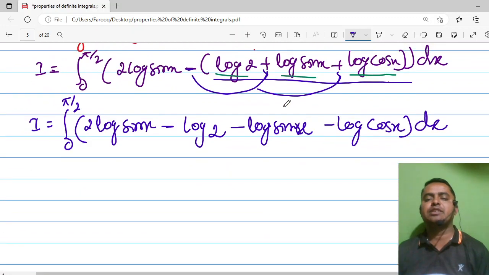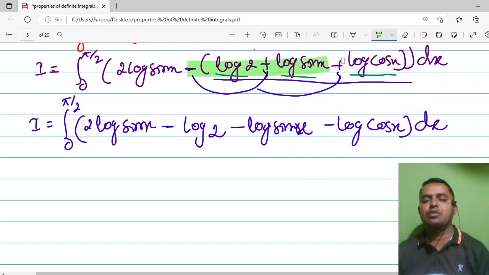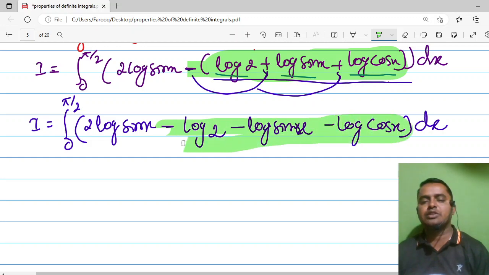Multiplying with minus sign throughout, the plus values become minus log 2 minus log sin x minus log cos x. I think you got this step.